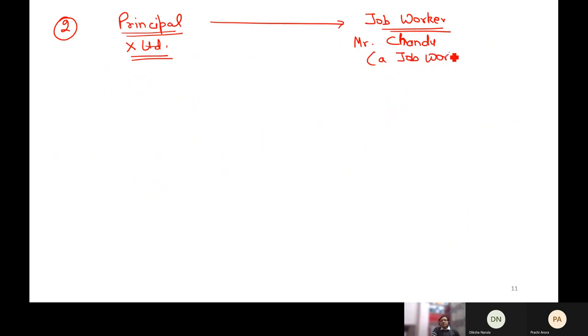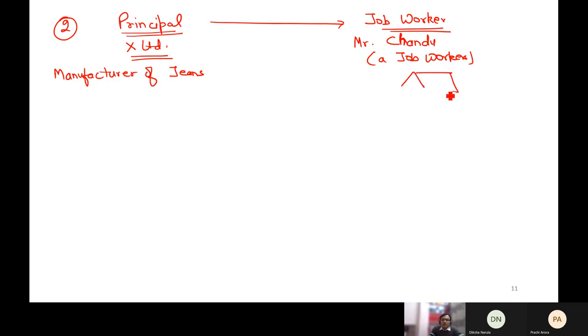These people are experts. For example, X Limited is a manufacturer of jeans. But to stitch a button in the factory, laborers are not expert in stitching the button. Mr. Chandu is a job worker.